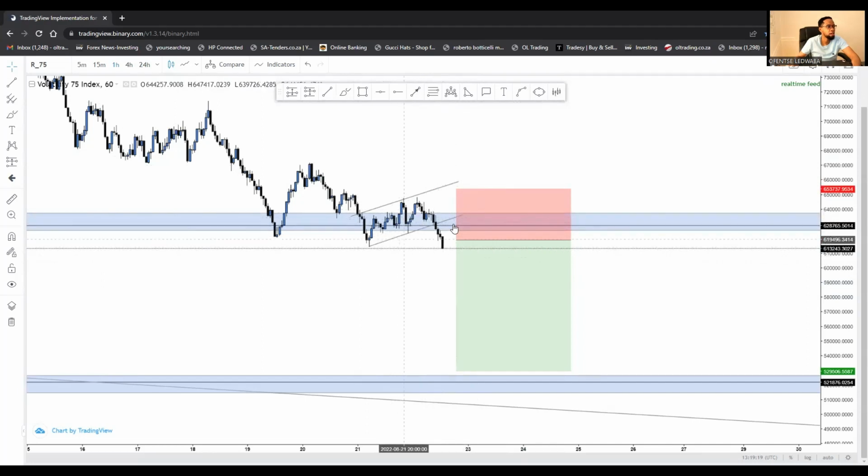this support. Now it is the resistance because look what happened here. We were expecting the market to turn around this level, but then look, it pushed down, kicking out people with stop losses around this area, and then going up.